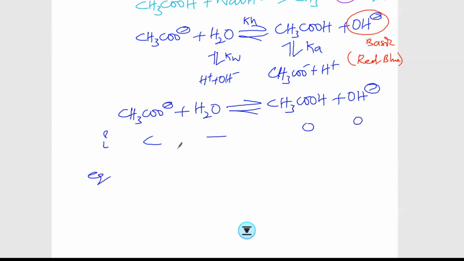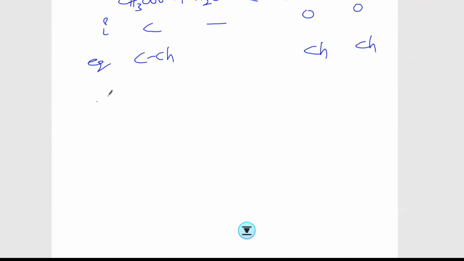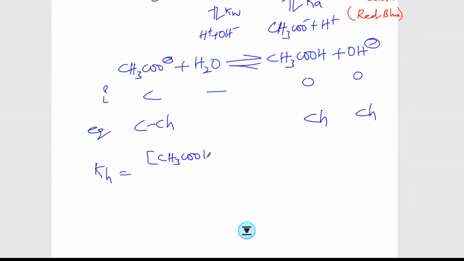At time t equal to equilibrium, so Ch moles got dissociated, then I'll get C minus Ch. Okay, so if I write the KH for this one, what will it be? It would be the concentration of acetic acid, CH3COOH, into the concentration of OH minus divided by the concentration of CH3COO minus.